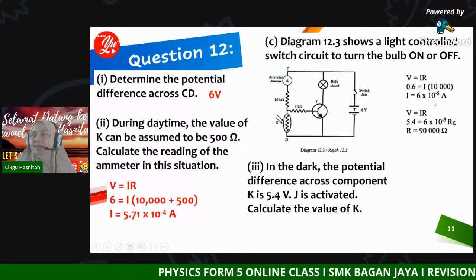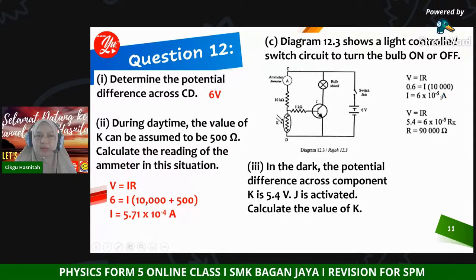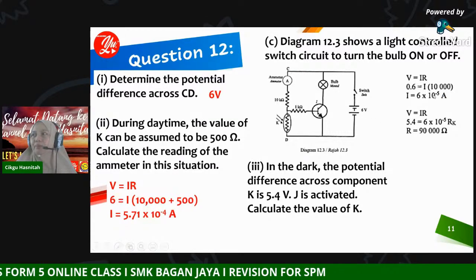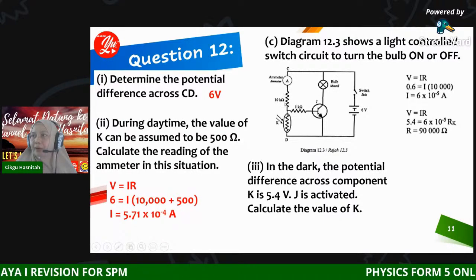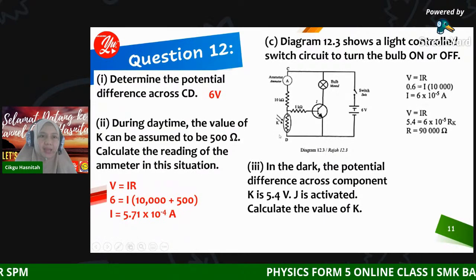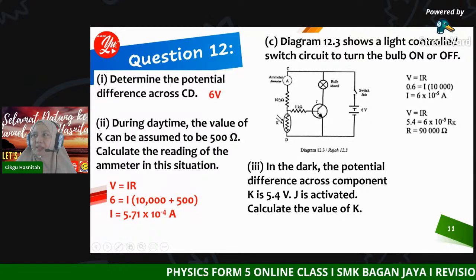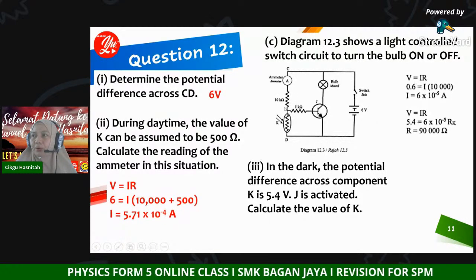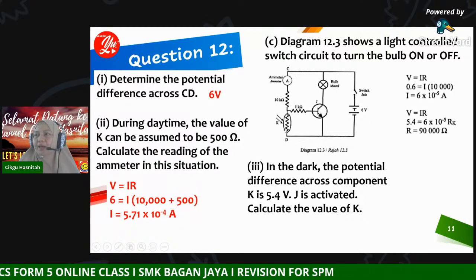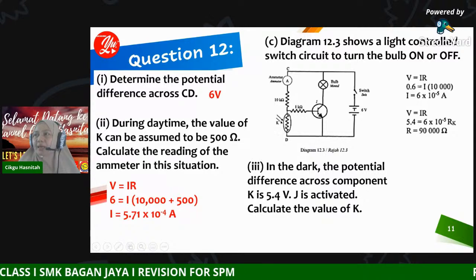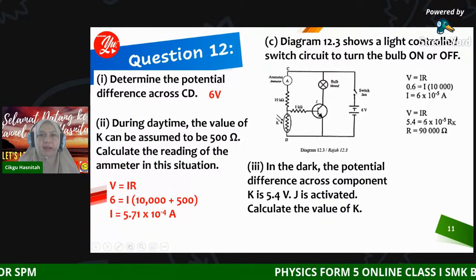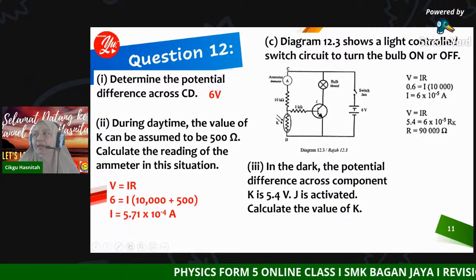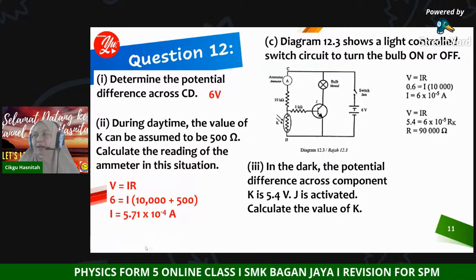So it is 6 times 10 negative 5 ampere. So a current of 6 times 10 negative 5 ampere flows into K. The voltage of K is now 5.4 and the current is 6 times 10 negative 5, so by this we can find its resistance.